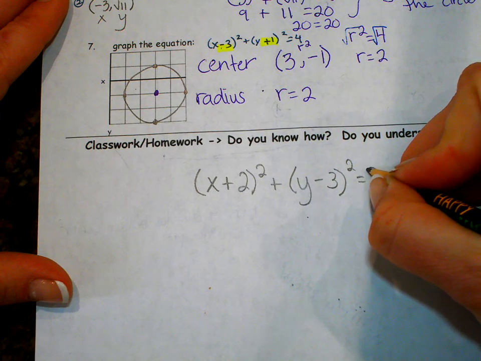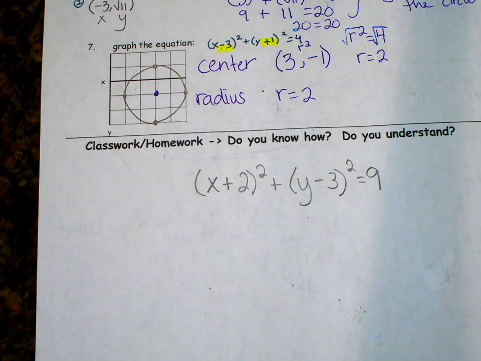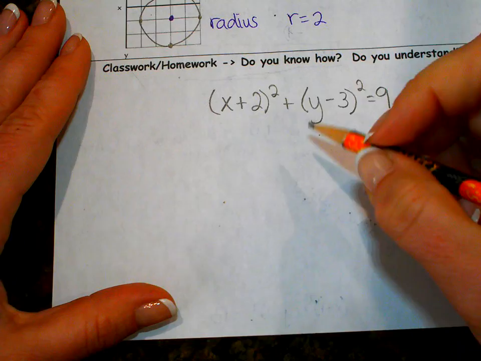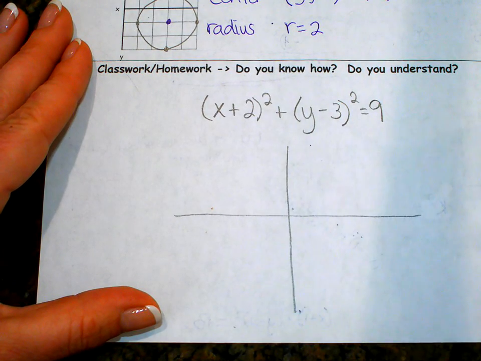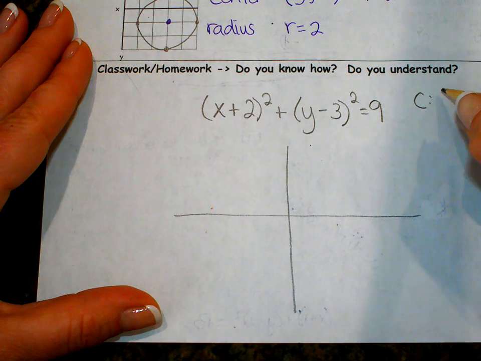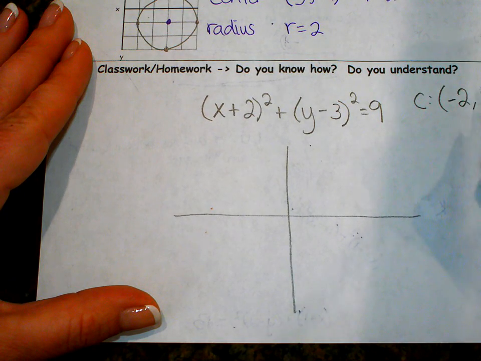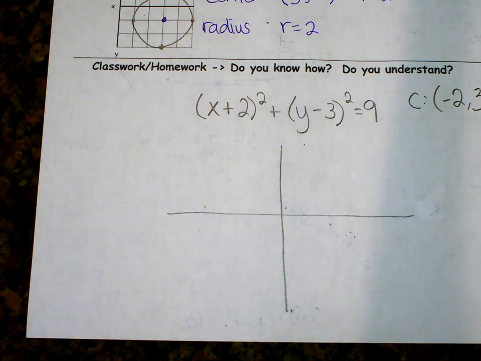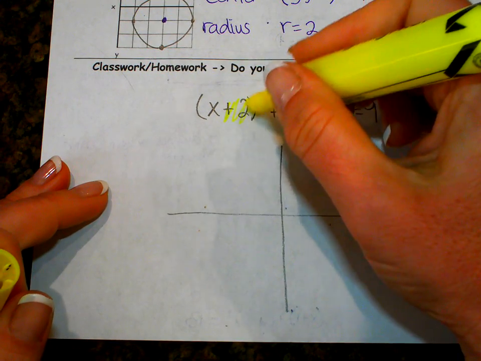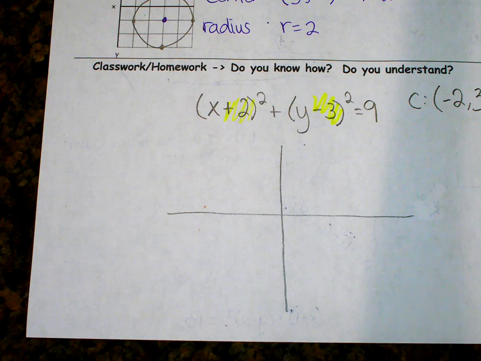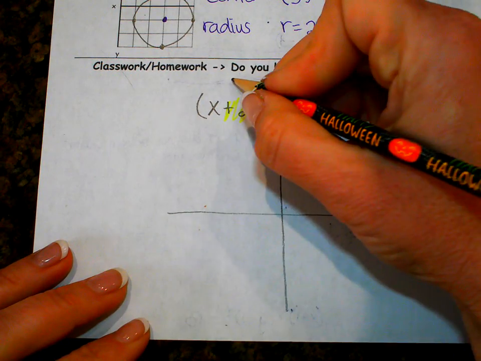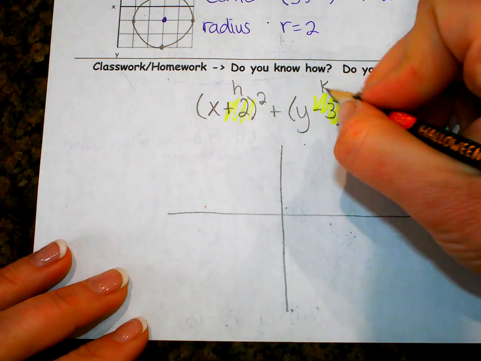I'll just do 9. Okay, so I know that my center is going to be at -2, +3. And the way that I knew that was from this H and this K. So my H is -2, my K is +3.